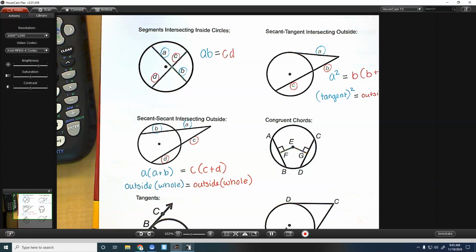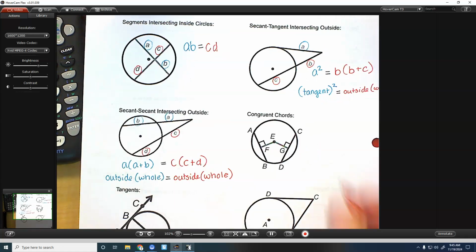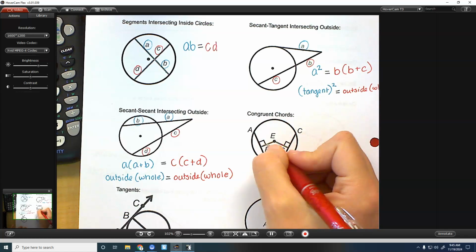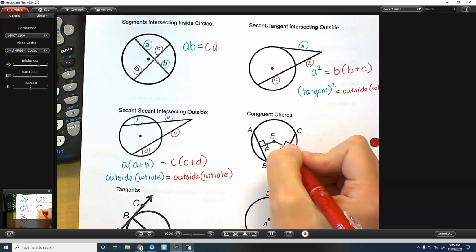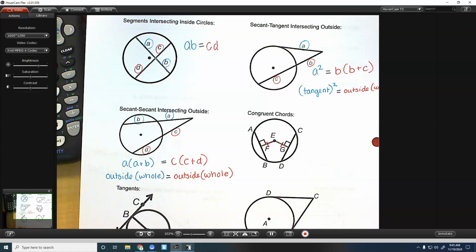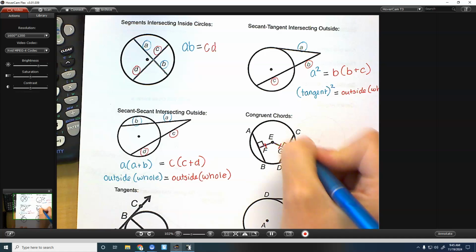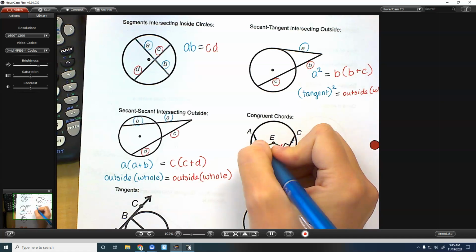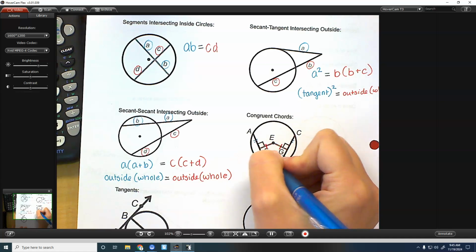Okay. We just need to mark a few things on these next problems. The congruent chords, if you have two chords like this little piece right here is equal to this piece. And then this piece is equal to this piece. And this piece is equal to this piece.